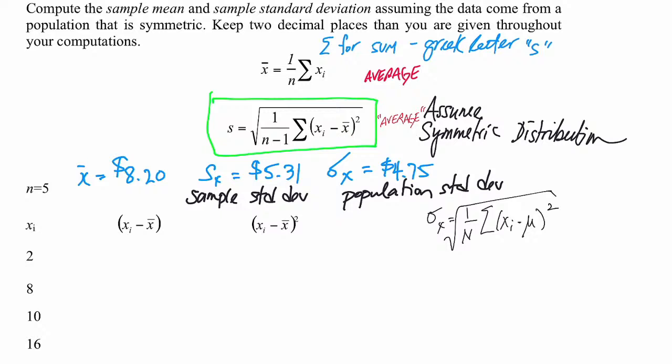Rather than X bar, I should put mu in there. And rather than n-1, I get to use, well, the population size. So capital N represents the population size, and little n represents the sample size.